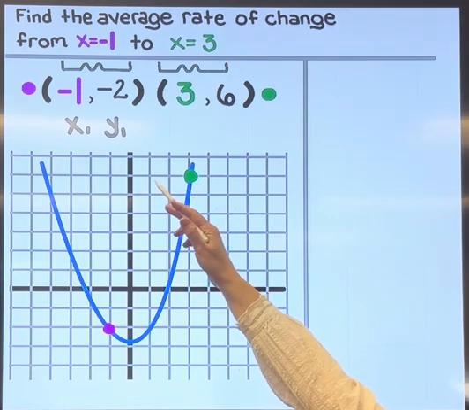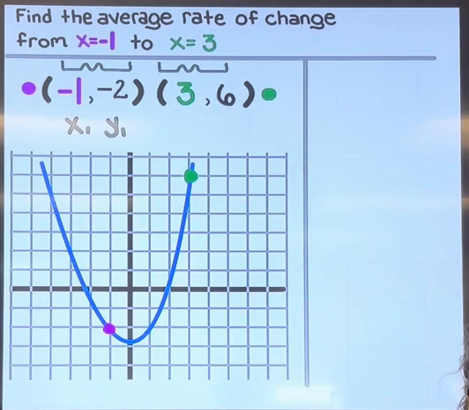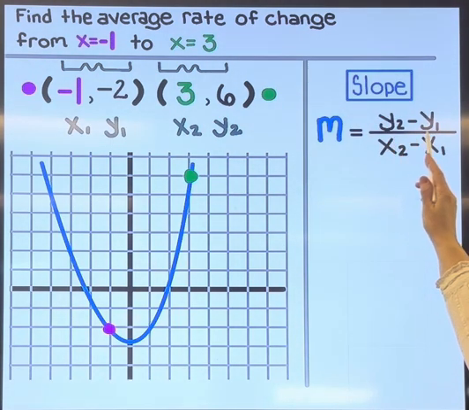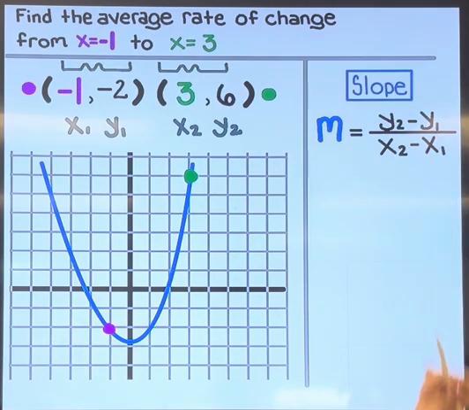Okay, so now that we have our points, we're ready to find average rate of change. I could let this one be x1, y1, and this point be x2, y2, but ultimately, remember when you're finding the slope, you are subtracting the y's over subtracting the x's.